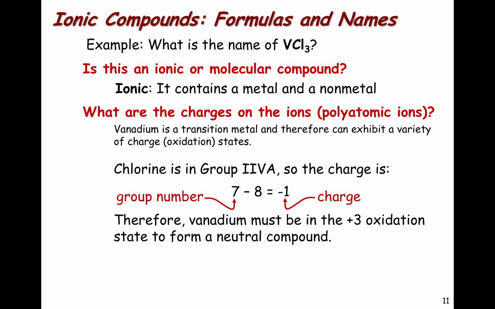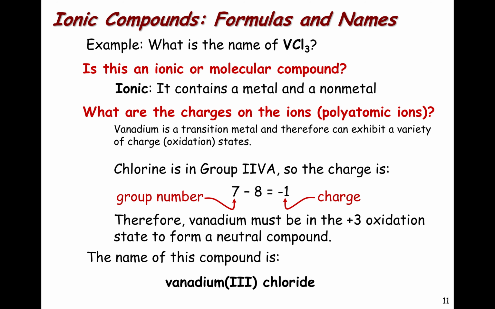And therefore, if there are 3 of the chloride ions, each chloride being 1-, then there has to be a corresponding amount of positive charge from the vanadium, so there has to be a 3+ charge on the vanadium. So hence we name the cation first using the Roman numerals. So this is vanadium Roman numeral 3, and then we name the anion, chloride.